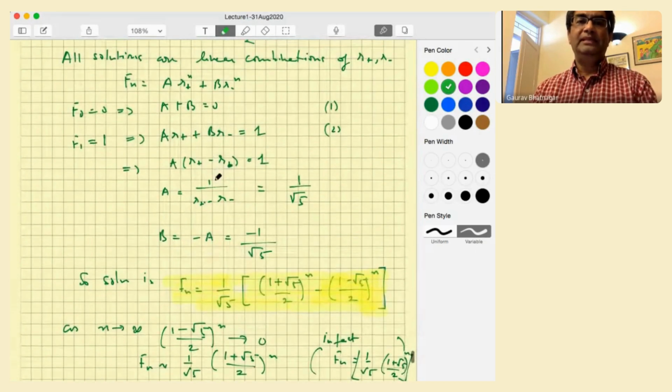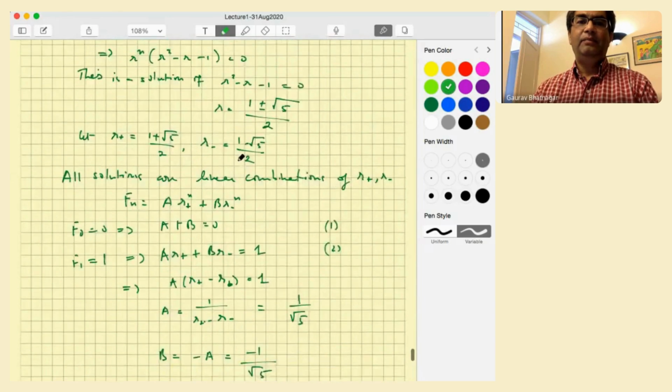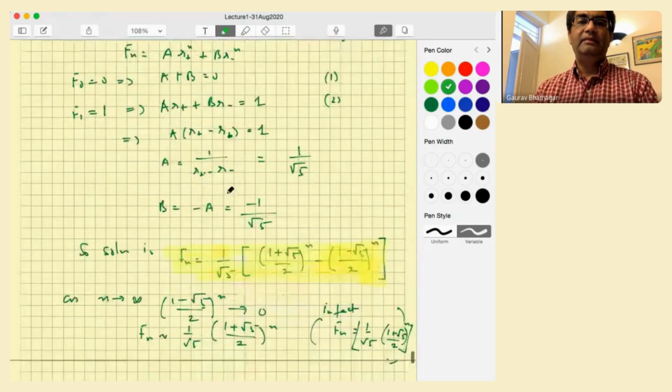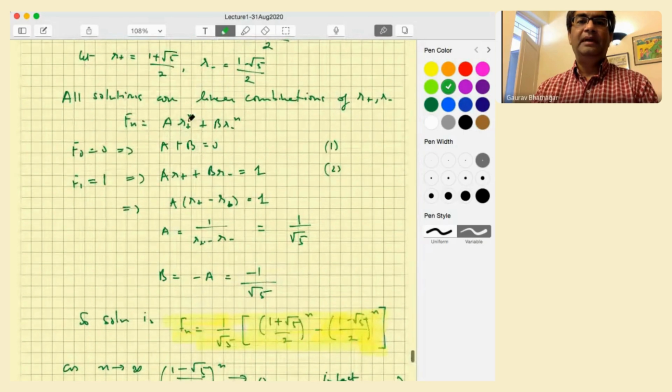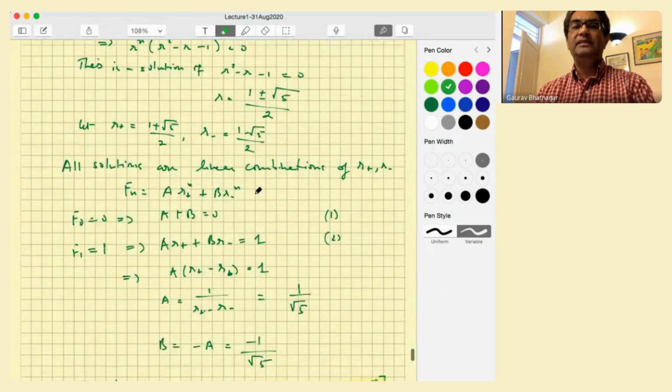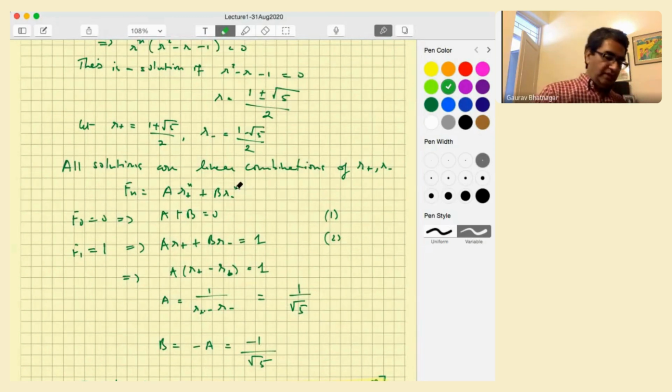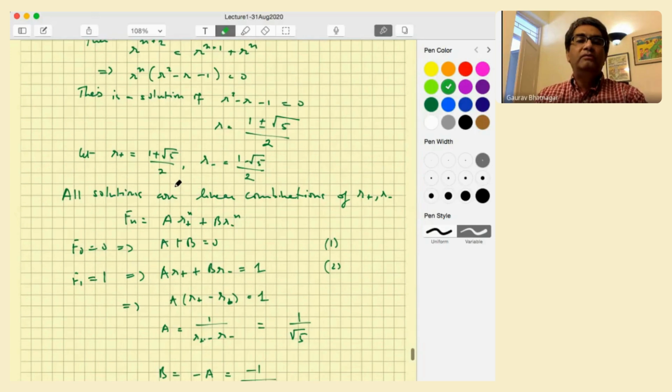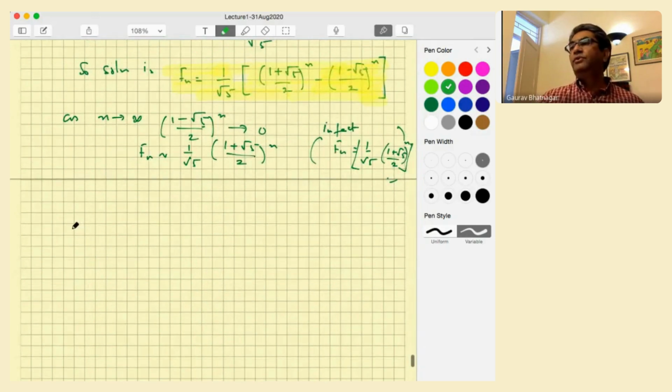What one says is that a times r plus to the n plus b times r minus to the n is a general solution, and every solution has to be a linear combination of these because these two are linearly independent, so you have to prove all those things. Similar to the theory of differential equations, you can find the theory of difference equations. Okay, so here's method 2.